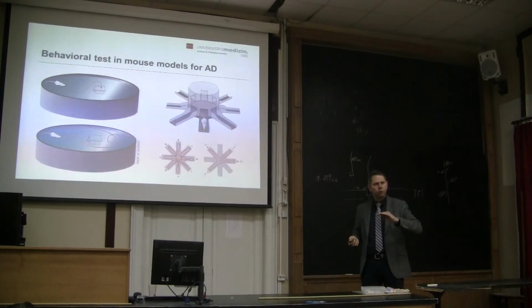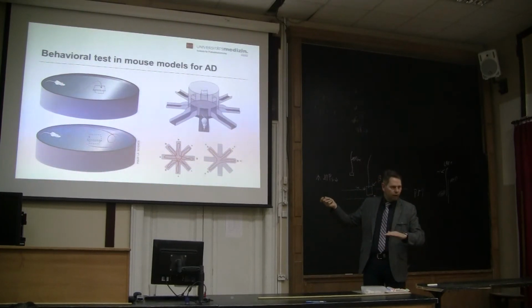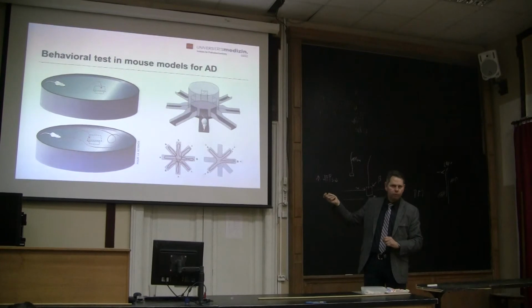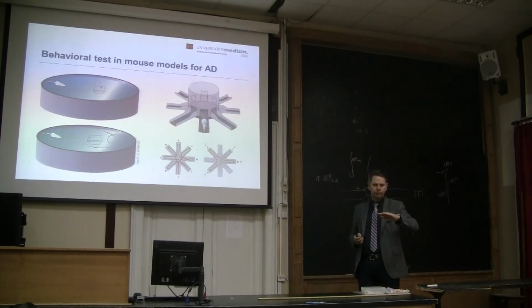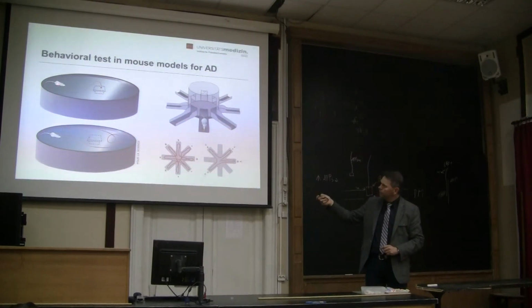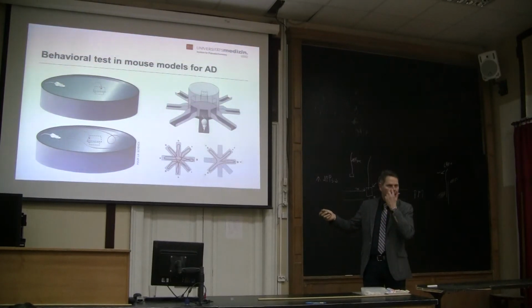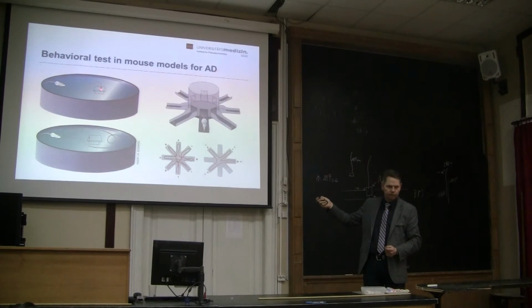So, you don't have clear water in there, you have a milky kind of liquid, and the mice cannot see the ground, and somewhere in that liquid is a platform, just beneath the surface of that water. But the mouse can't see that. So you put the mouse here, the mouse swims around, finds the platform, sits on it, and you measure the time that the mouse needs to find the platform.